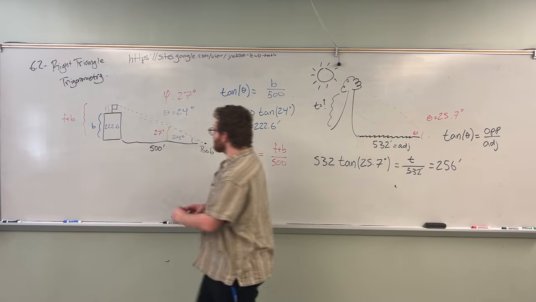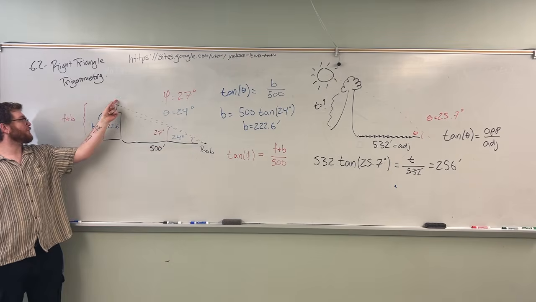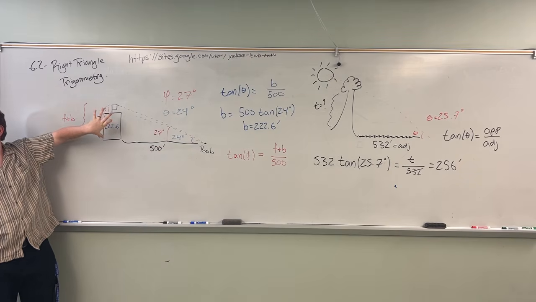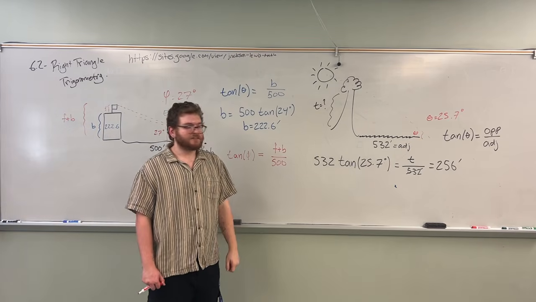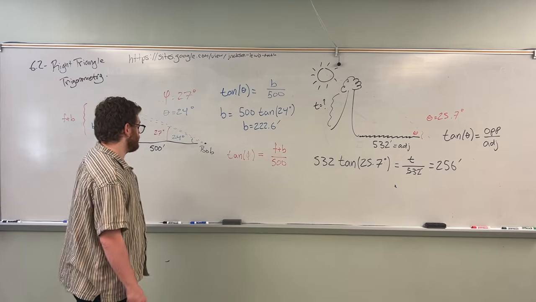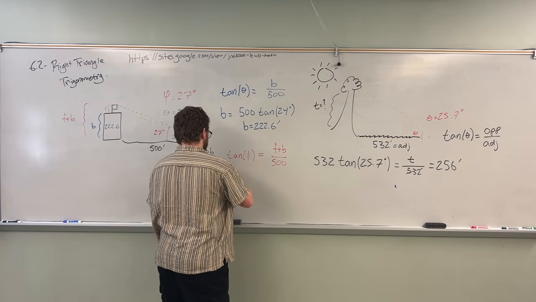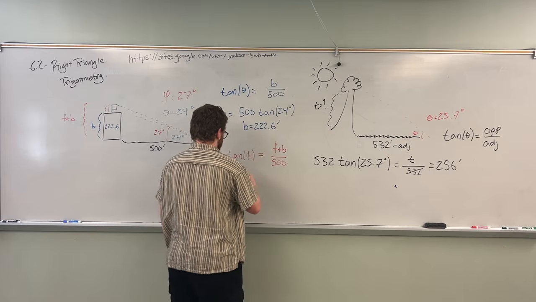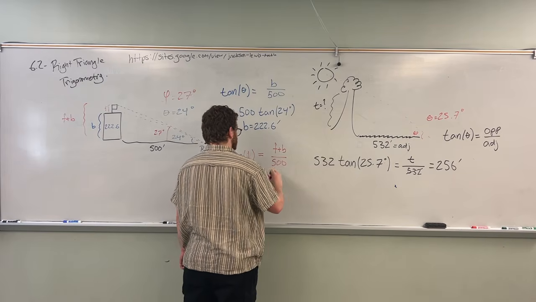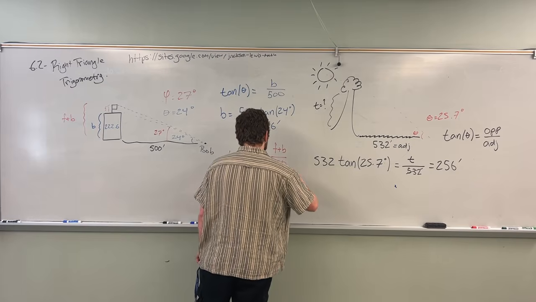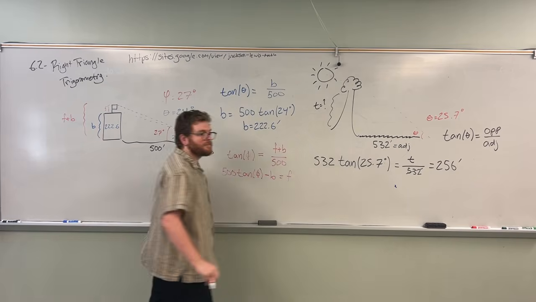So tangent, opposite, which from the base where Bob is to the top of the flagpole, includes the flagpole and the building, F plus B, tangent of that over the adjacent side, which is 500. Cool. Then I'm solving for F here. That's going to be 500 tangent of phi minus this building. And that'll give me my flagpole height.